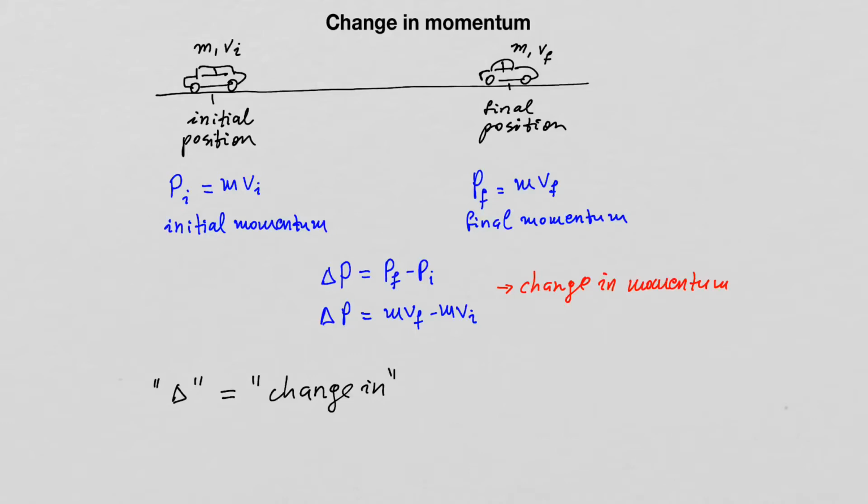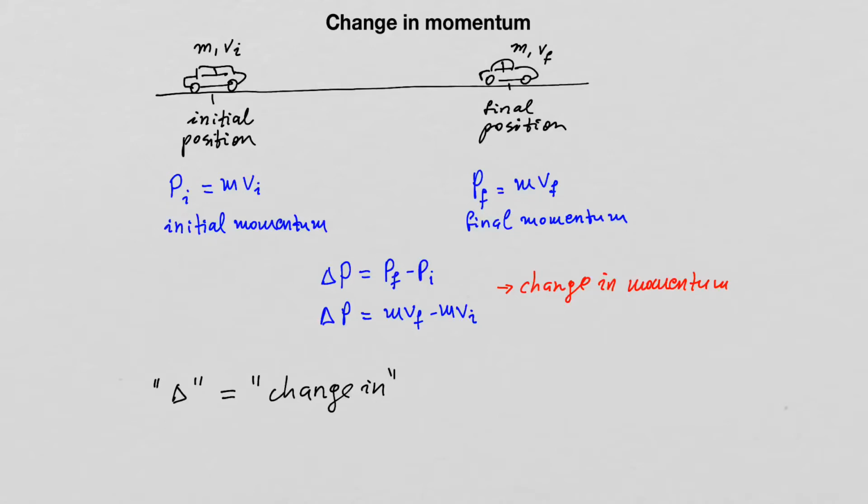Now let's see what is the reason for this change in momentum to occur. If you look at my drawing here, the car initially has some velocity, v initial, and then later on has a different velocity, v final. As we saw from the definition of Newton's first law, the only reason for an object to change its velocity is if a non-zero external force was applied to the object.